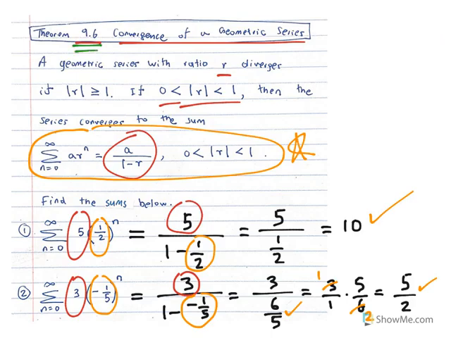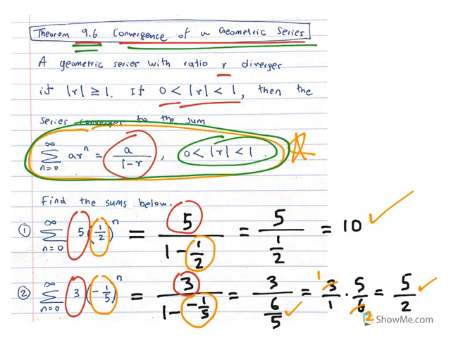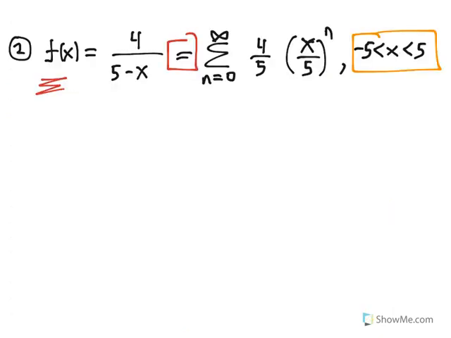Let's revisit theorem 9.6, convergence of a geometric series. We know that if the absolute value of the common ratio is less than 1, the geometric power series, or any geometric series, will converge to the sum a over 1 minus r. So using that, I can represent the sum of this convergent geometric power series.